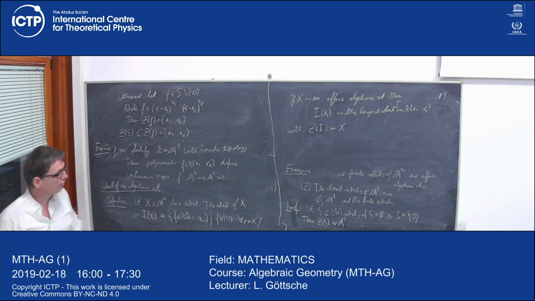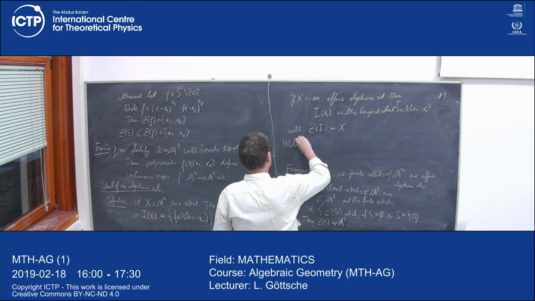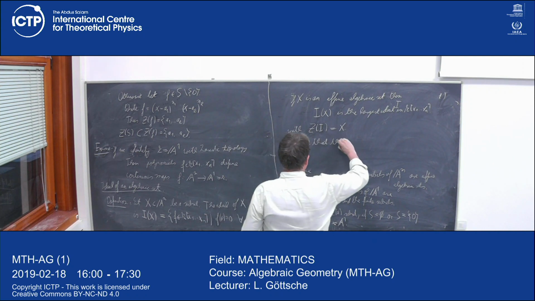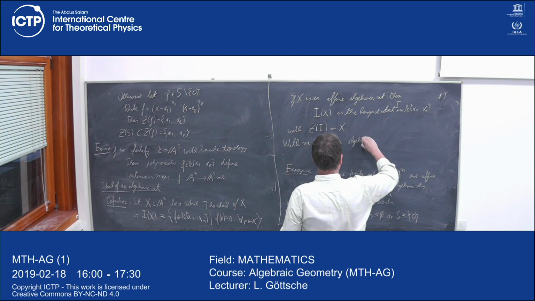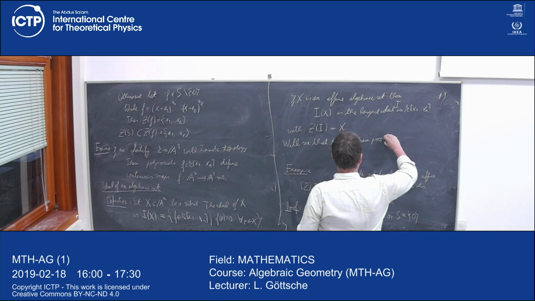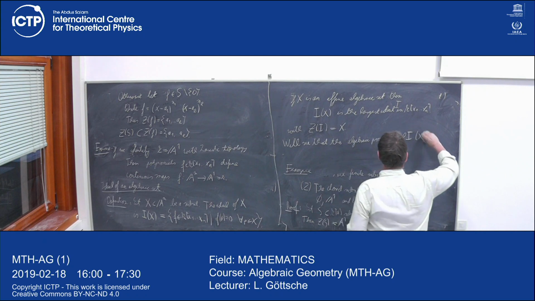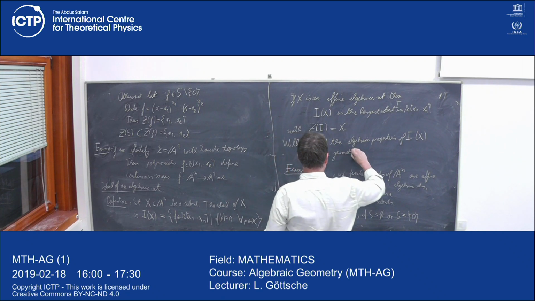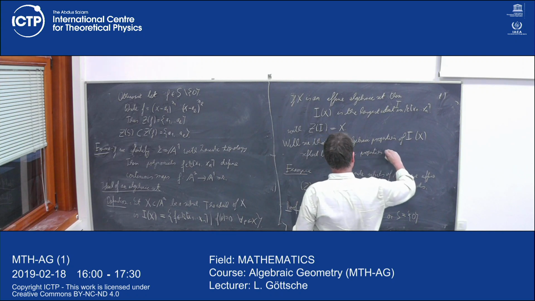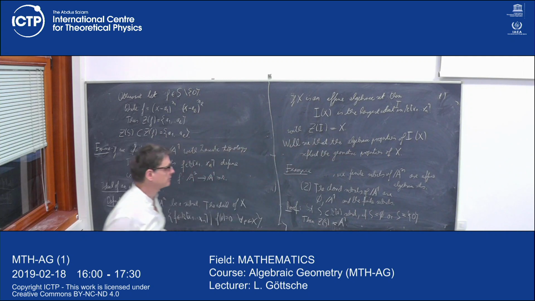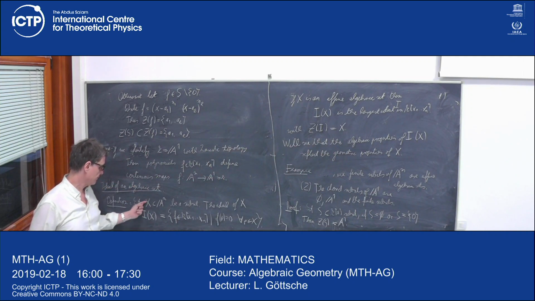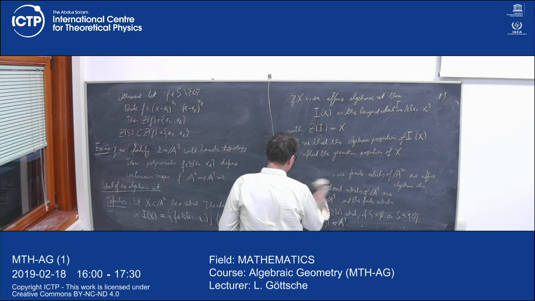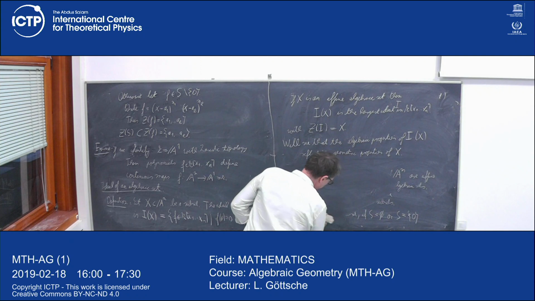It's kind of given to us once and for all, and so we will see that the algebraic properties of Ix reflect the geometric properties of X. So with X we are given Ix, so they are very closely tied together, and so you can expect that the algebra of this ideal will say a lot about the geometry of X. Okay, we will see this soon, but now I only need to introduce it.